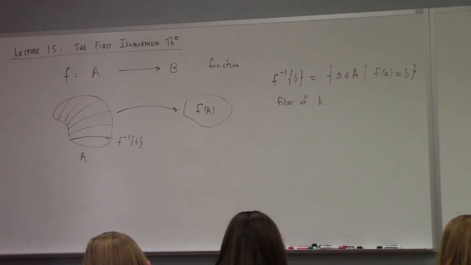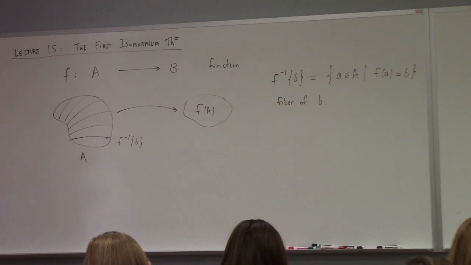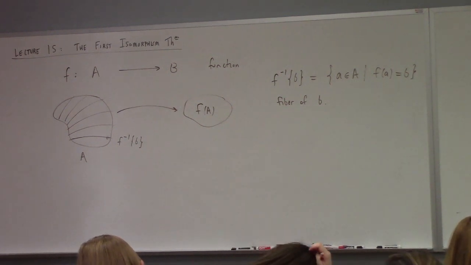So if I'm trying to create a one-to-one function from the given function, what I need to do then is to somehow get rid of this problem of more than one thing mapping to one thing, right? So the simplest thing to do is to take what's called a cross section, right?